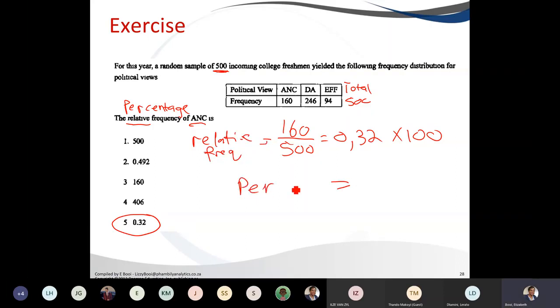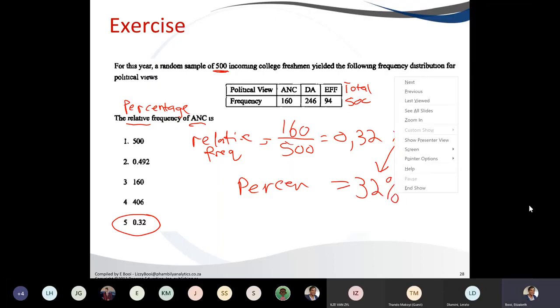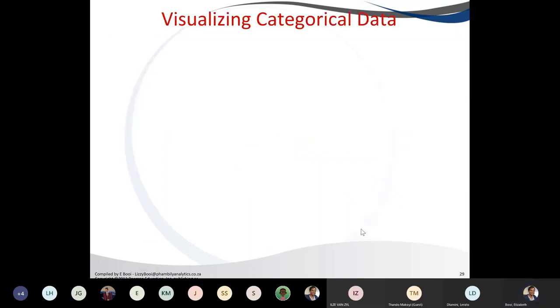And for a percentage, you multiply this by 100 and that will give you 32%. Sorry, not 35, but 32%. That is what they might ask you in the exam.